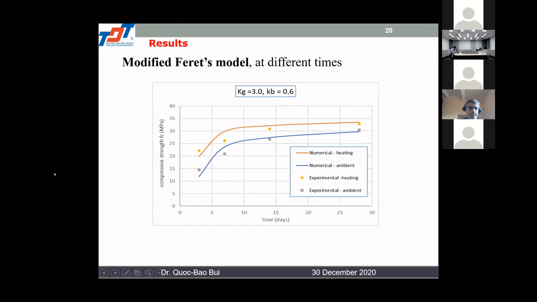For example, on this figure, the variation of compressive strength over time obtained from the modified Féret model, with heating and with ambient, and the points are the experimental values. So we can see that the model can predict relatively well for 28 days, 14 days, and 3 days. For 7 days, the result is a little different.